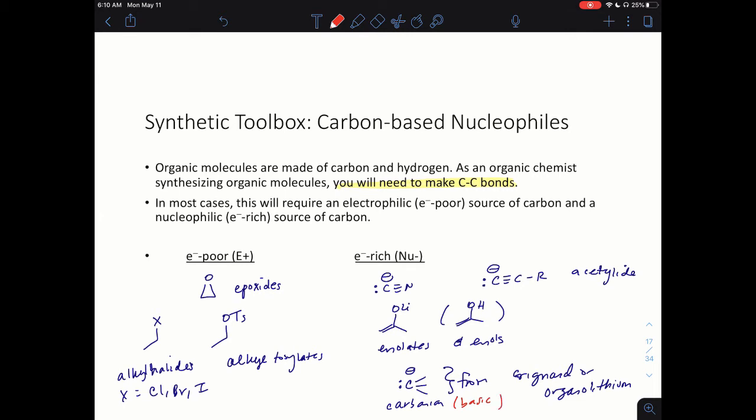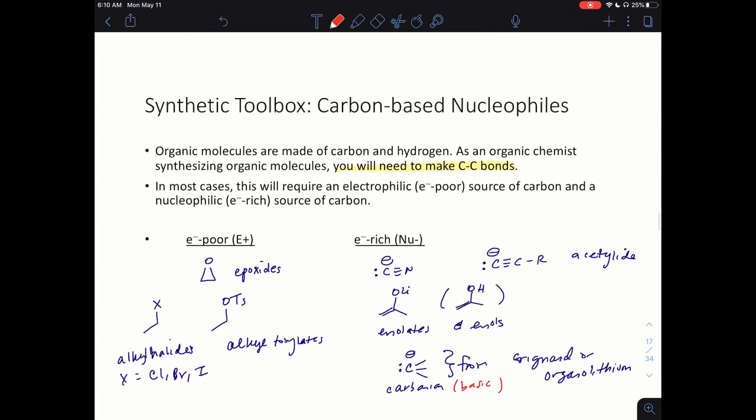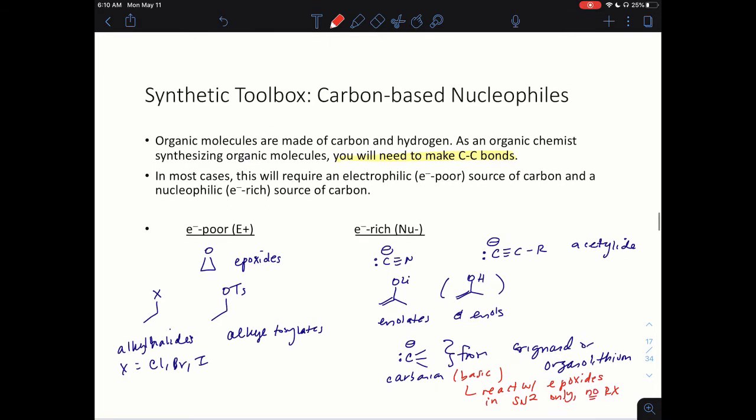They will not, however, react with alkyl halides. So actually, maybe I'll write that down. They're basic and react with epoxides in substitution reactions, but not with alkyl halides. With alkyl halides, they would just do an elimination. All right, let's move on.